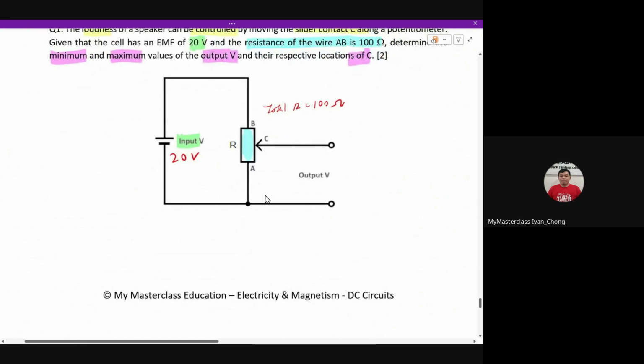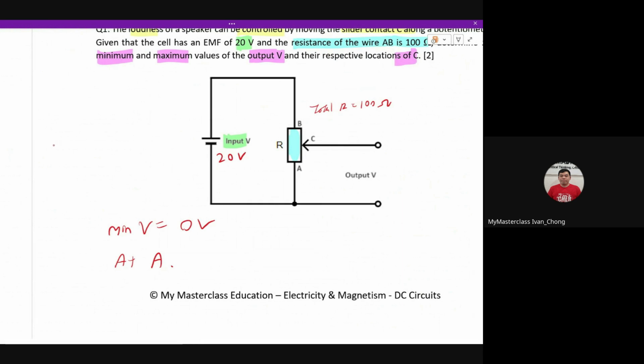So first thing, minimum. The minimum V is 0. Why? Just imagine if I were to split them according to the potential divider points.